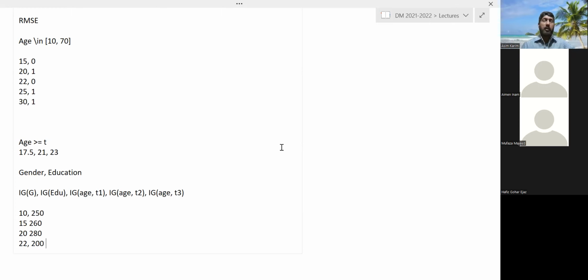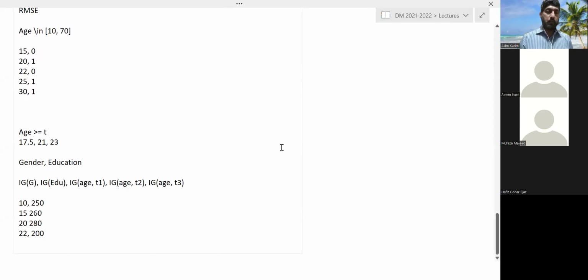You have to try all of them and see which would give you the highest increase or decrease in SSE. Okay, highest gain after the split. So of course the criterion for regression is SSE, not entropy or information gain.